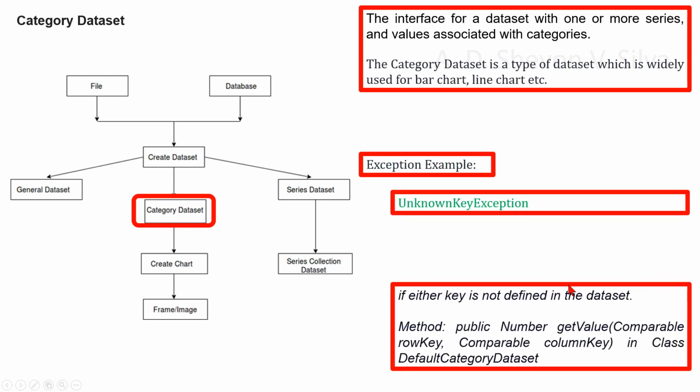As an exception, we can consider UnknownKeyException, thrown if either key is not defined in the dataset, in method public Number getValue(Comparable rowKey, Comparable columnKey) in class DefaultCategoryDataset.